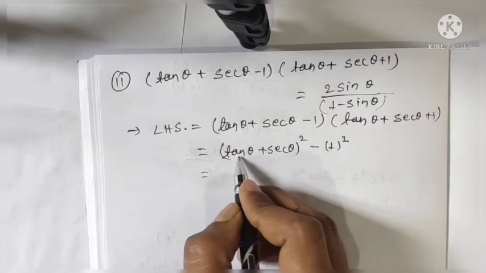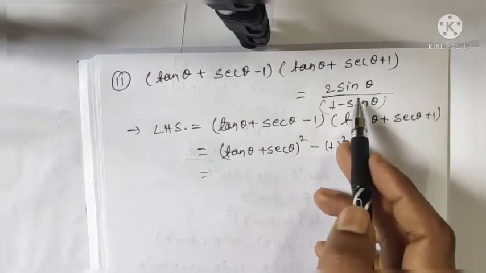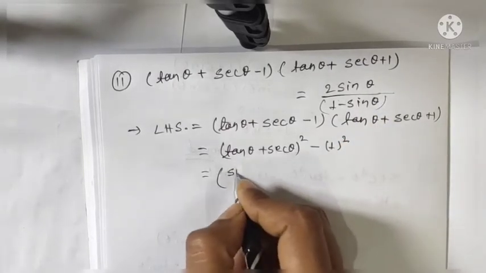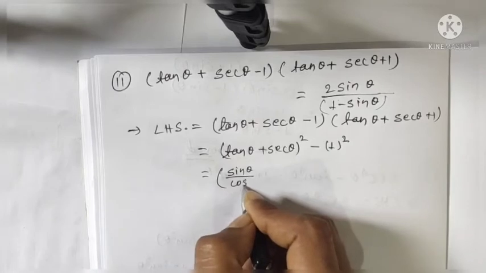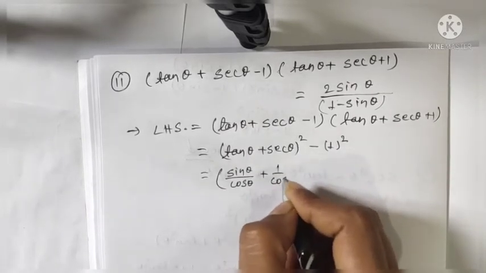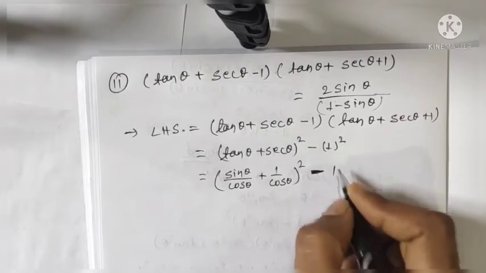Now convert tan theta and sec theta in the form of sine and cos, because we have to find the right hand side in the form of sine. So tan theta is equal to sin theta by cos theta plus sec theta is equal to 1 by cos theta, whole square, and then minus 1 square is equal to 1.